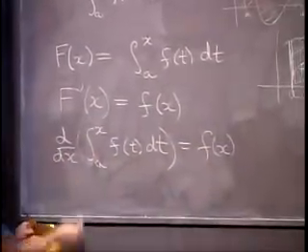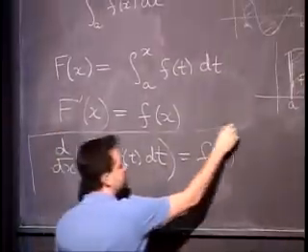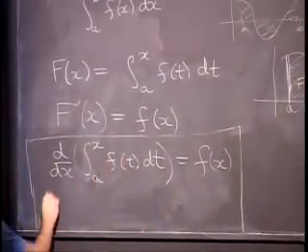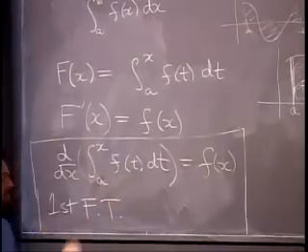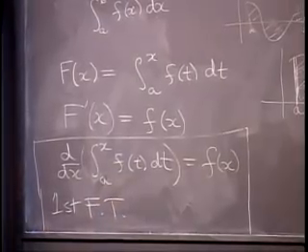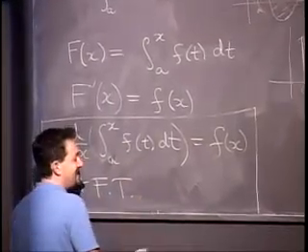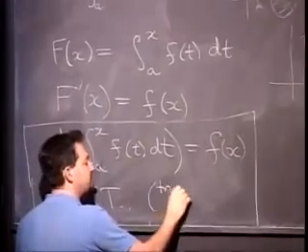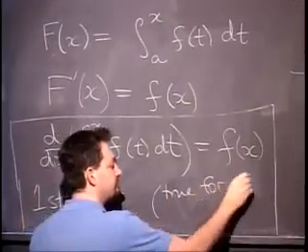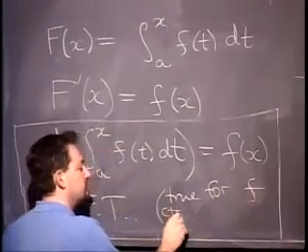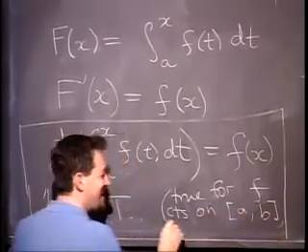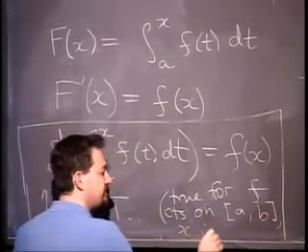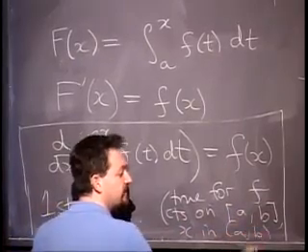And this is the first fundamental theorem, which I did state, as I say, first FT. FT in this case is fundamental theorem of calculus. And it's true when f is continuous on [a, b] and x in [a, b] as well.